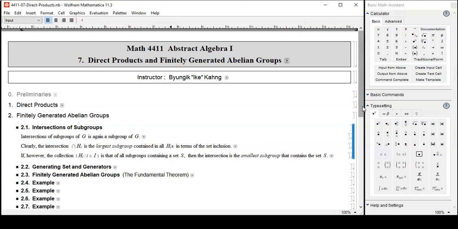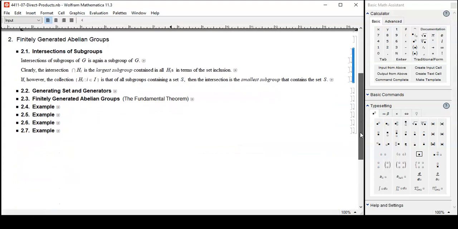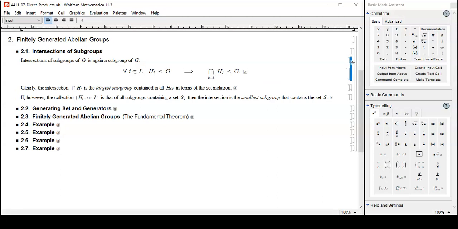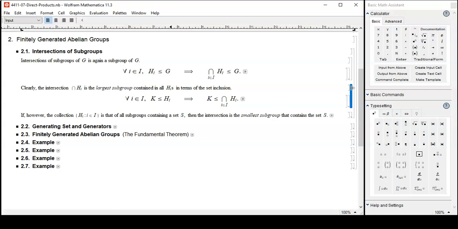Previously we went through the intersections, the intersection of all subgroups. The intersection of any collection of subgroups is again a subgroup, and is the largest subgroup contained in all the members of that collection.